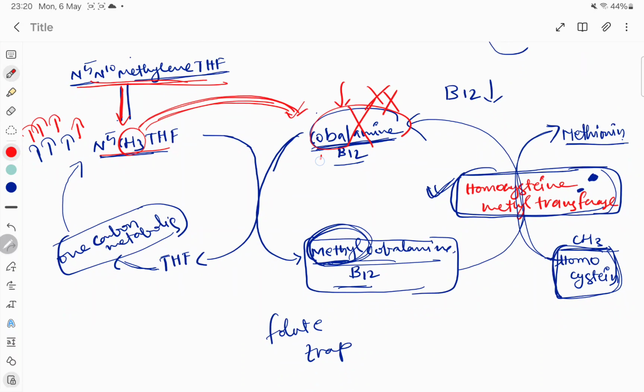Due to the absence of cobalamin or vitamin B12, the formed N5 methyl tetrahydrofolate is getting trapped and accumulated. Got it? That is called folate trap.